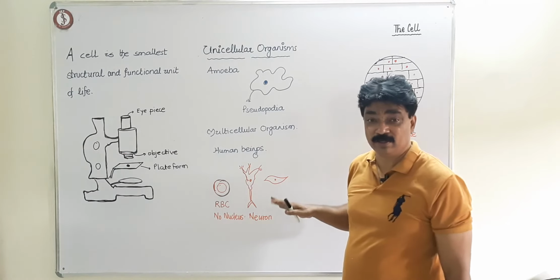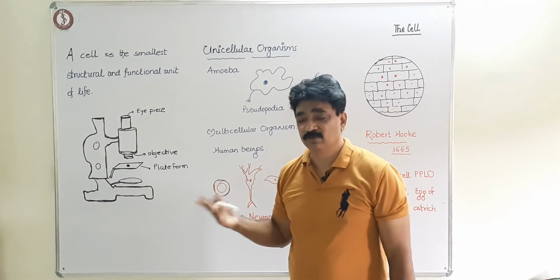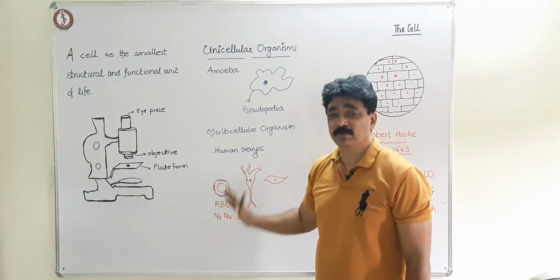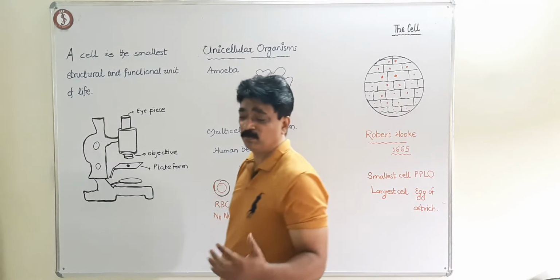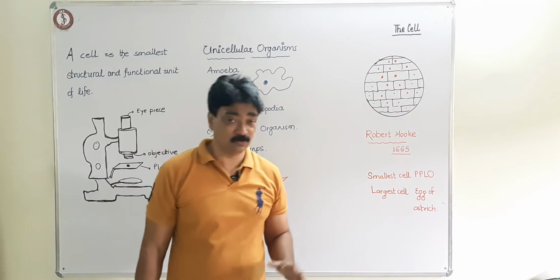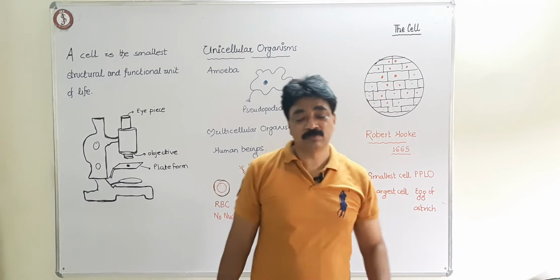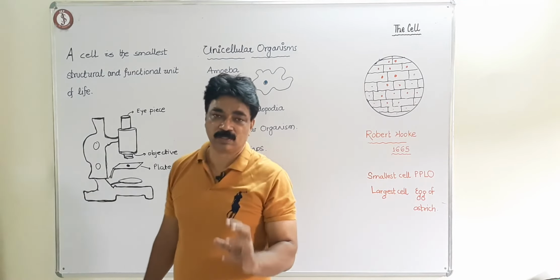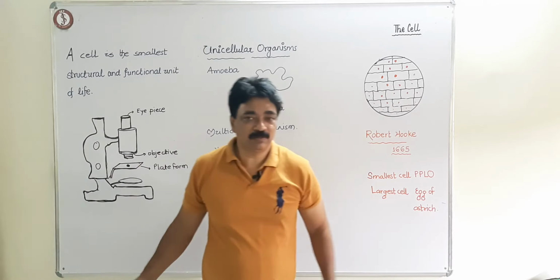The muscular cell will contain a nucleus, and some extra things will be there in each and every cell, and something may be lacking. And then the RBC, red blood cell, is a peculiar cell. It does not have a nucleus at all. Nucleus is over here. These dots are nuclei actually. So most of the cells have a nucleus, because the nucleus controls all the events of the cell. But RBC does not have a nucleus.